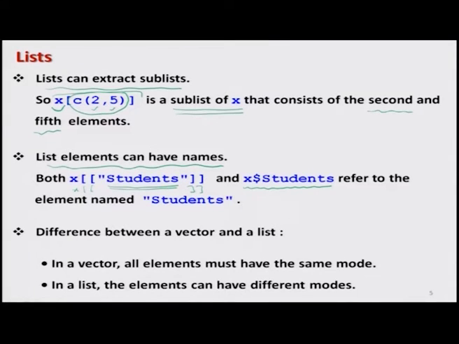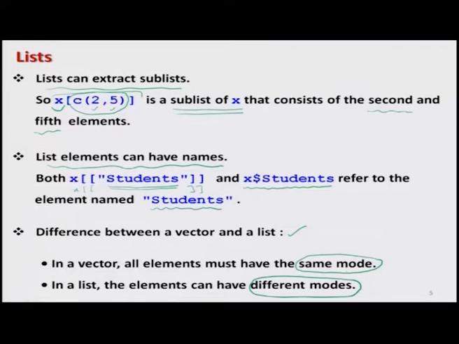This means that I am referring to an element whose name is students. So, the basic difference between a vector and a list is that in a vector all the elements have the same mode, and in a list the elements can have different modes.